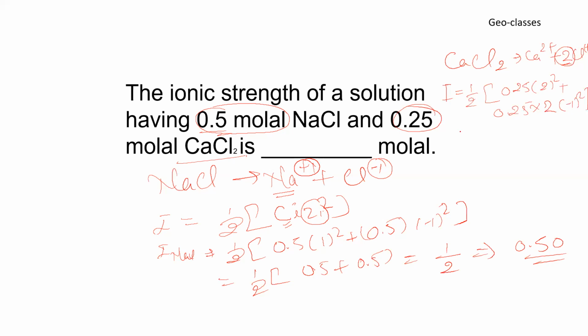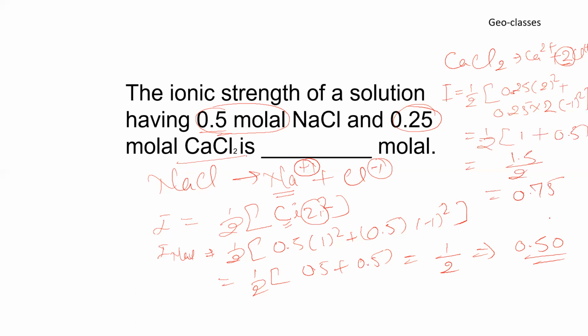So 2 squared is 4, and 4 multiplied by 0.25 is 1, and the other part is 0.5. So we get 1.5 divided by 2, which is equal to 0.75.